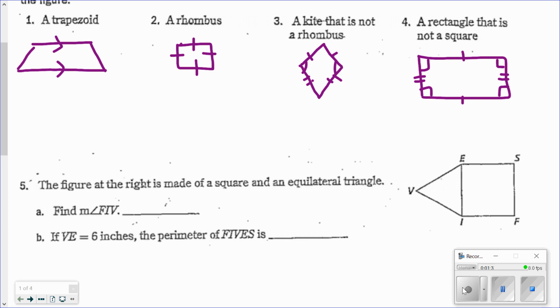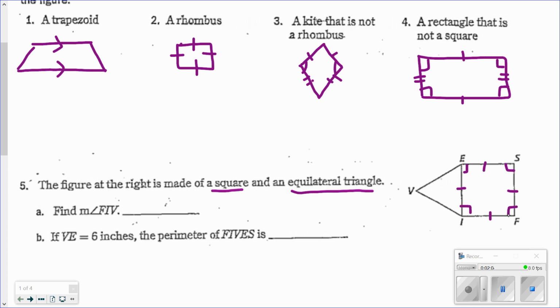Number 5, the figure at the right is made of a square and an equilateral triangle. We want to find the measure of angle FIV. All right, so let's talk about what it means to be a square and an equilateral triangle. For a square, we know that all the sides are congruent, and we also know that all the angles are right angles.